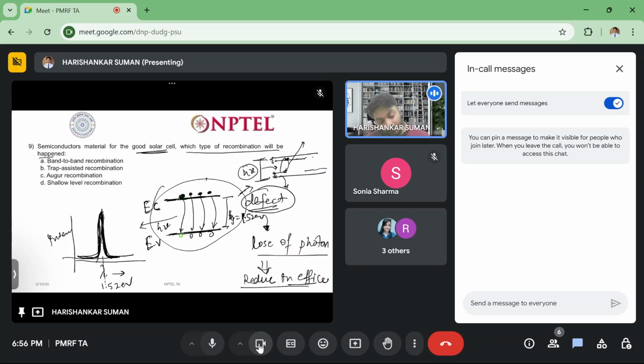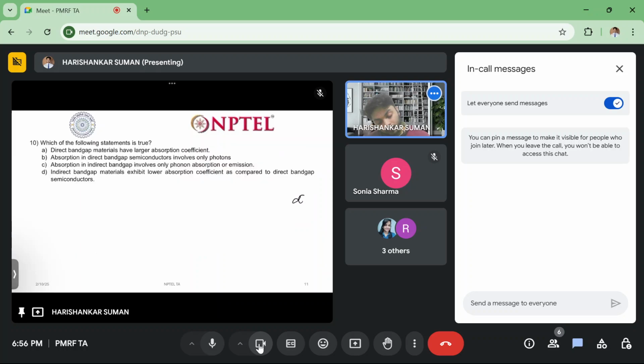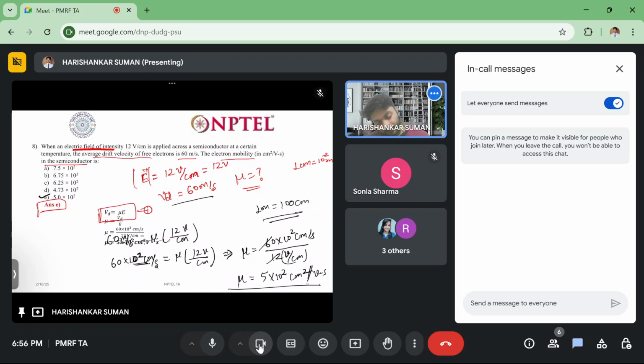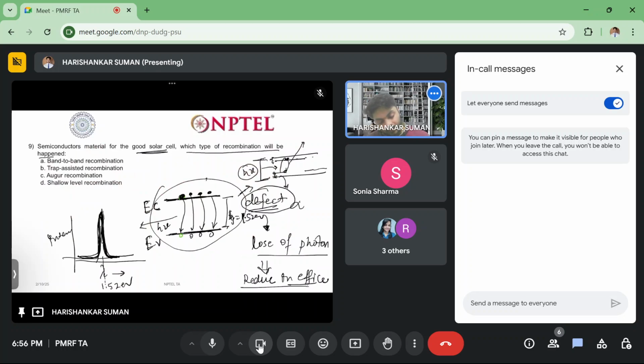So defects lead to the material heating up. This energy goes to heating or phonon instead of the photon.